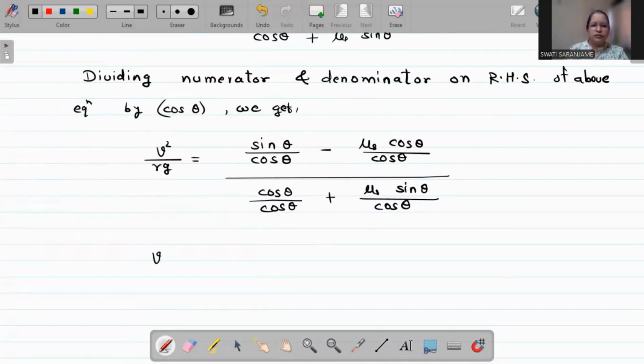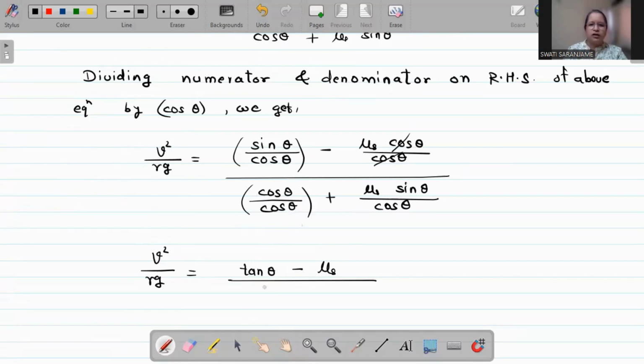So the expression becomes V square by Rg is equal to tan of theta for this term minus, here cos theta cancels out, so you have mu s only, divided by 1 plus again sine theta by cos theta becomes tan of theta.